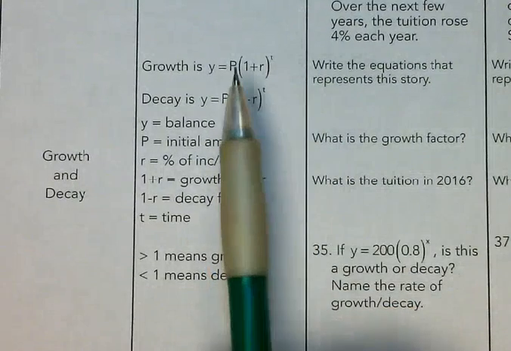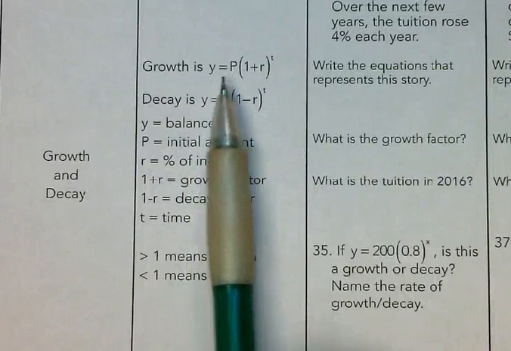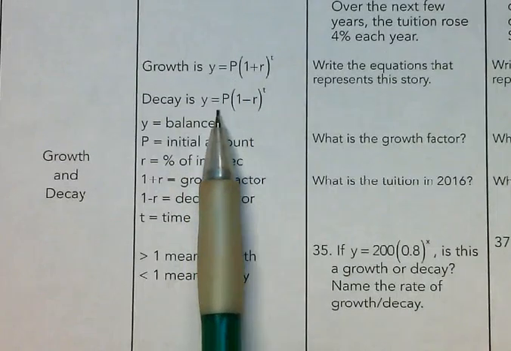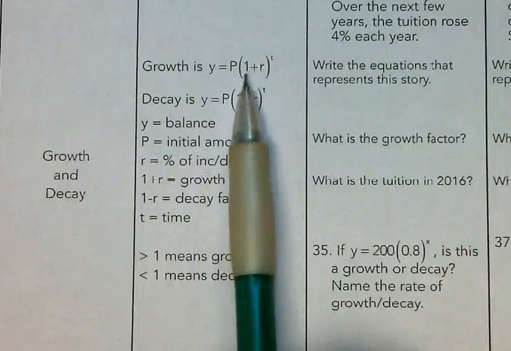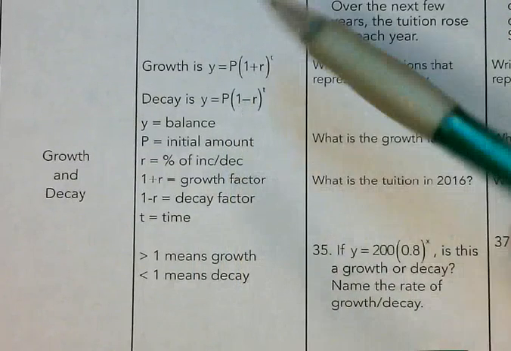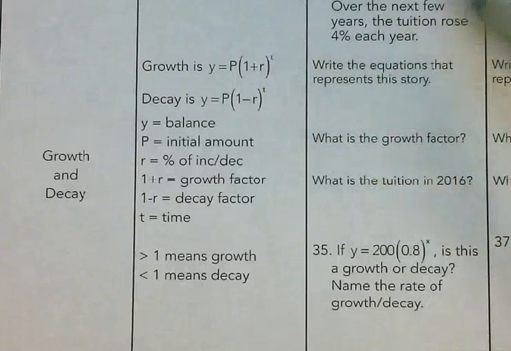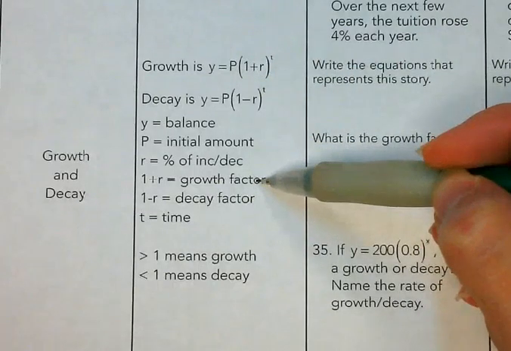And then the p is the initial amount, and it's actually called principal, but that's the amount that you're starting with. And then if it's a growth, we do 1 plus r. If it's a decay, we do 1 minus r. And that number in parentheses is the growth or decay factor, because that's what we multiply by each time.